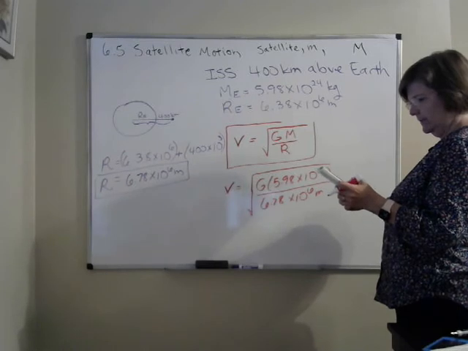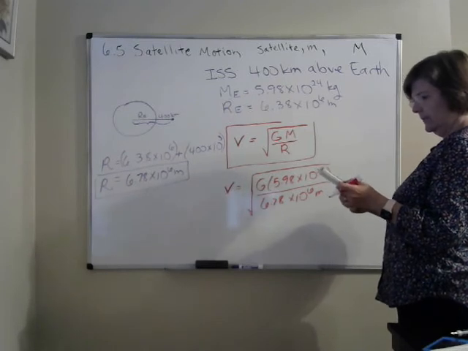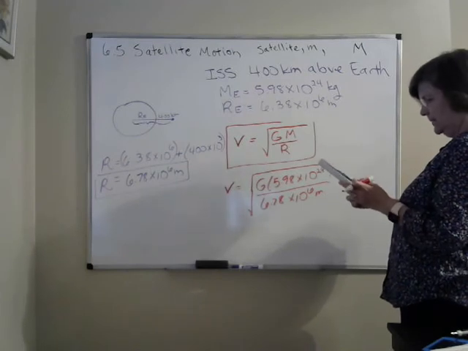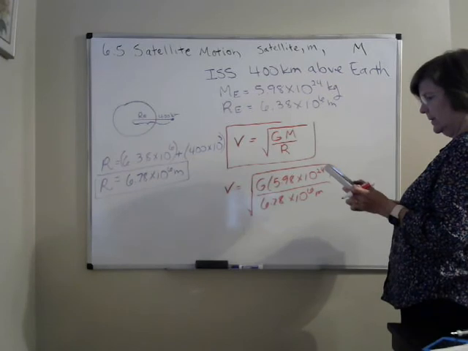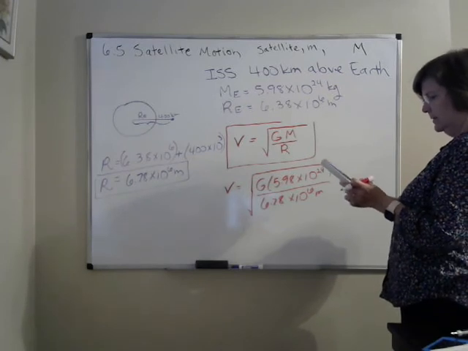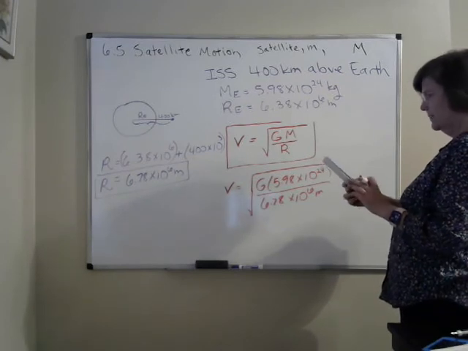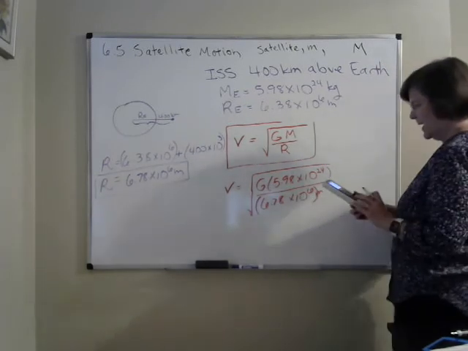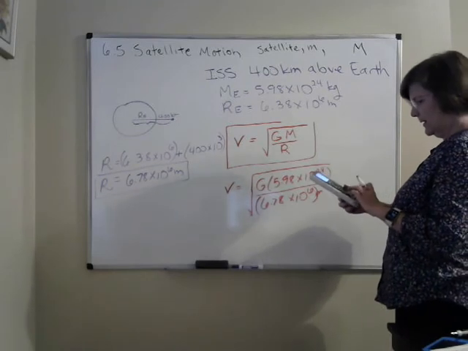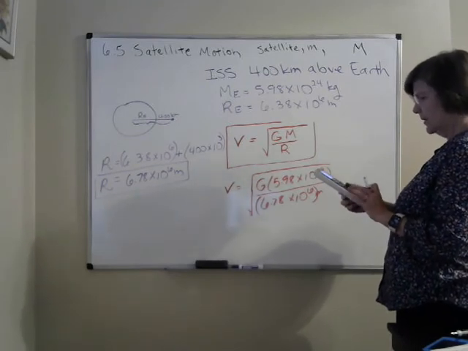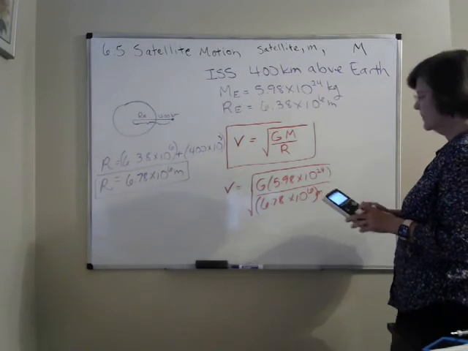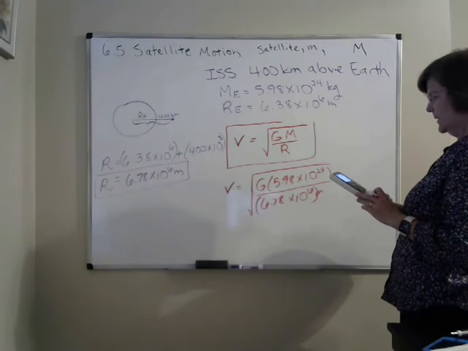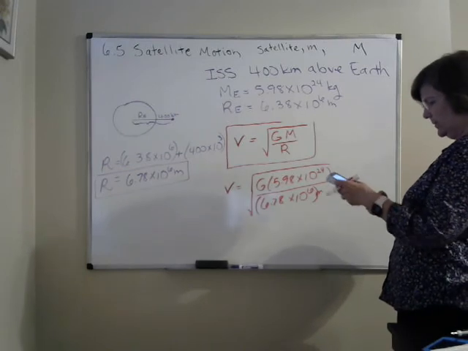Be sure when you're dividing by things like this that you're putting parentheses, so you're dividing by all of that. If you don't put parentheses, you're going to end up dividing by 6.78 and multiplying by 10 to the 6th. So I get that, and then I just need to take the square root.